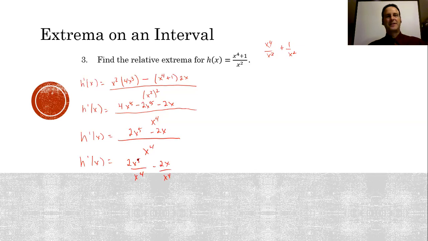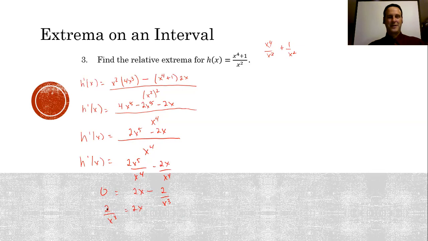It looks like this x to the 5th and those x to the 4th will cancel out, just leaving you with an x. And this will give you 2 over x cubed. I'll set that equal to 0. And I will move this over to the other side. And I can cross multiply if I want.